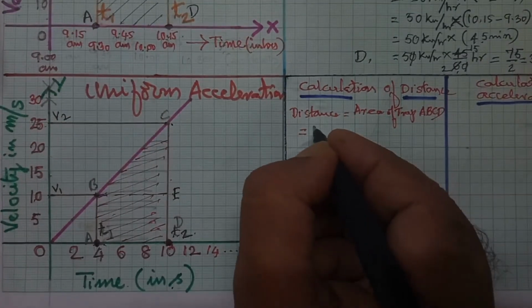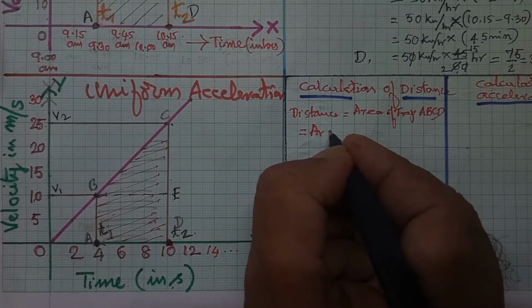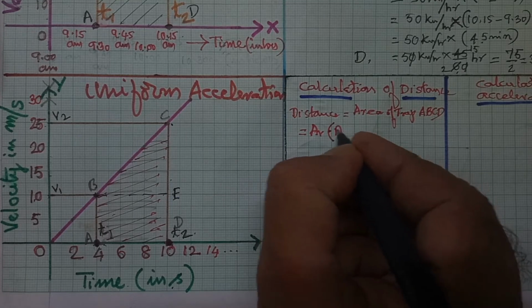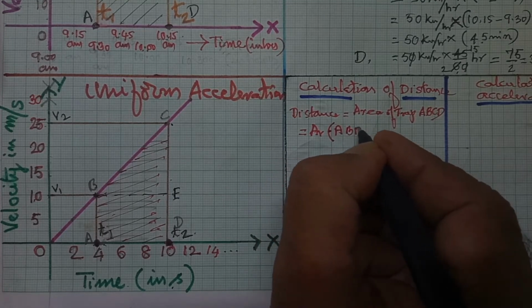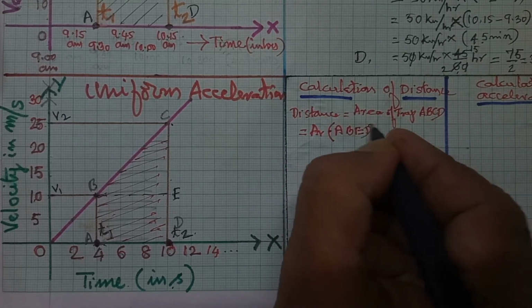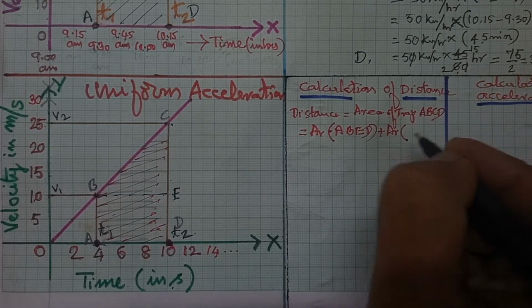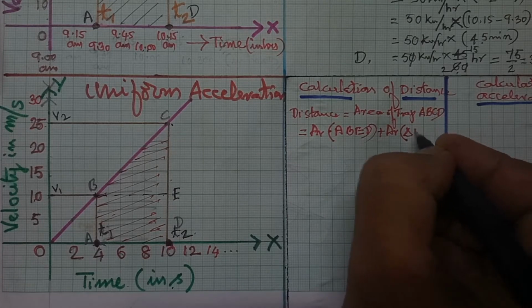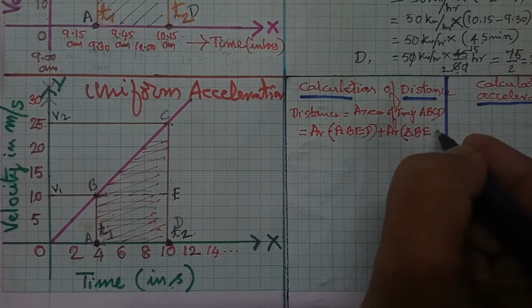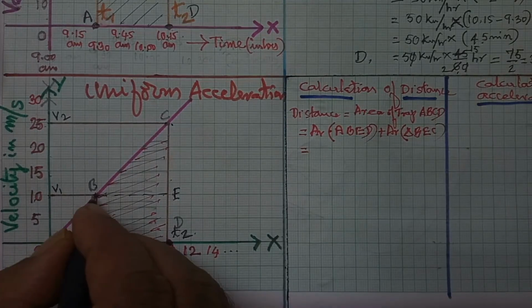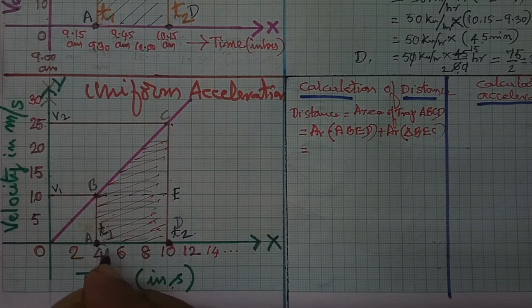I am writing here area of ABED plus area of triangle BEC. Just you see, that is equal to ABED means AB multiplied by AD.